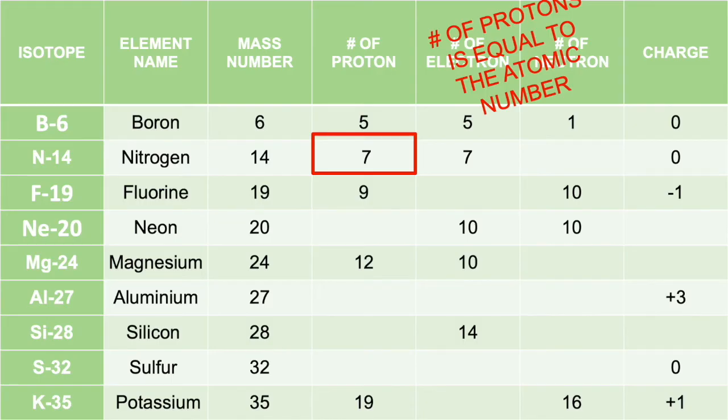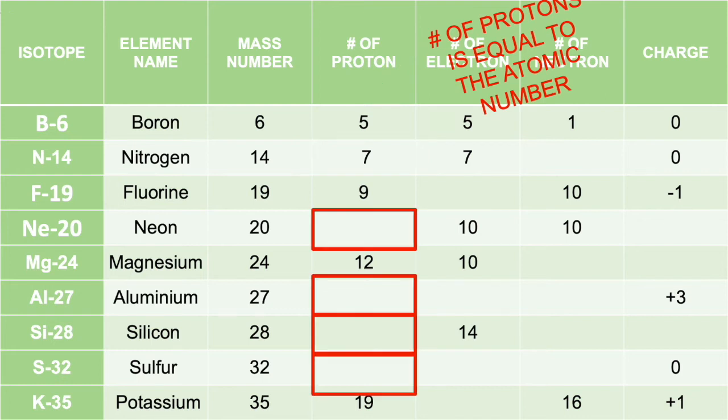So this means that 7 is the correct answer for the number of protons of nitrogen. Always remember that the number of protons is equal to the atomic number of the element. Now try and fill up the missing data on our table under the column for the number of protons.